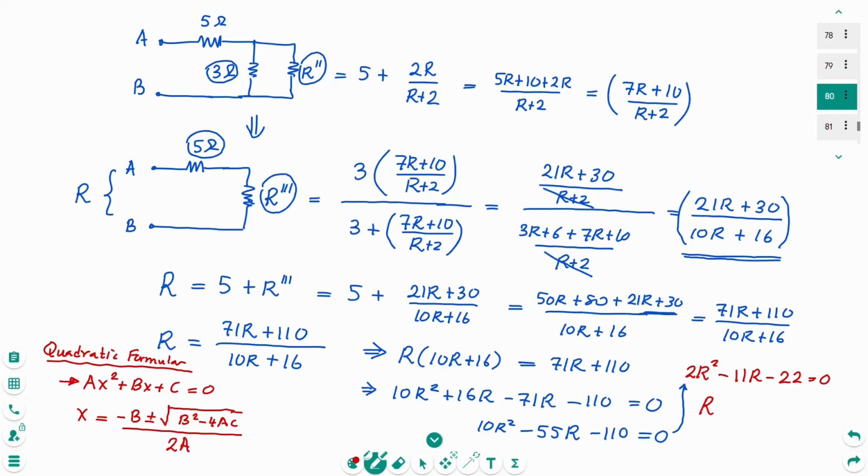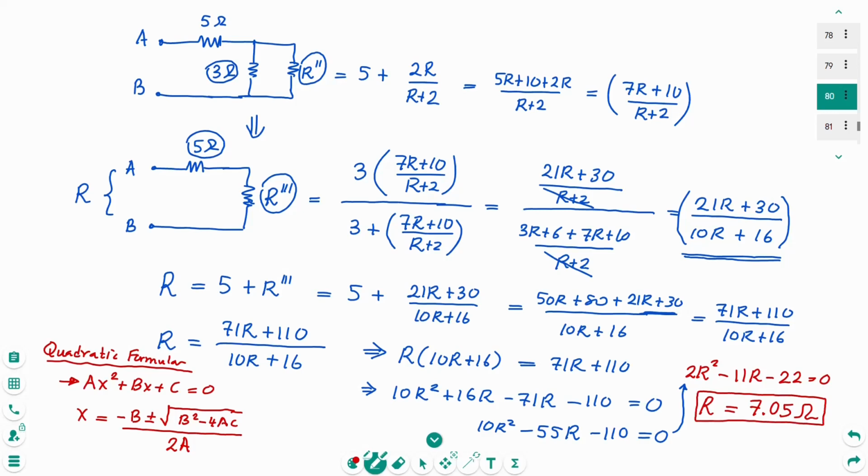So from this equation you can get a value for x, but in our case it's not a quadratic equation of x, it's a quadratic equation of R, and when you solve it you are going to get a numerical value of 7.05 ohms. So this is the only acceptable value.